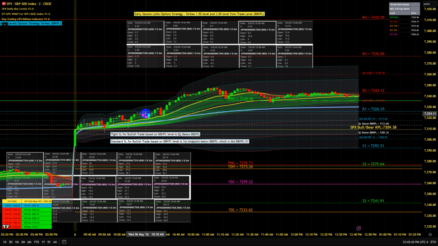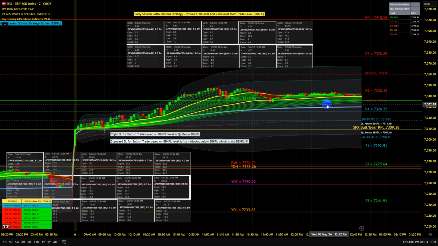So you just have to keep in mind that if price is just hovering in the one level move in your favor for the majority of the session, these are not going to perform as well if it just creeps up for the rest of the session and barely makes it to these towards the end of the session. So this is an early session lotto option strategy. What that primarily means is for employing early in the session, and you're looking for an exit early in the session as well, ideally before lunchtime.